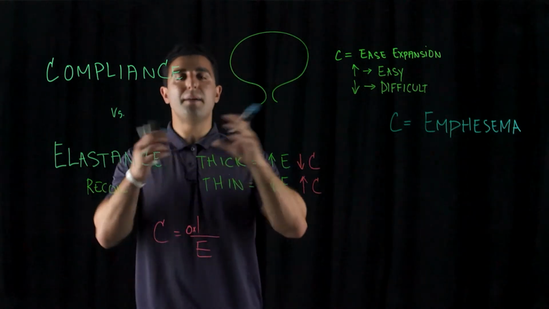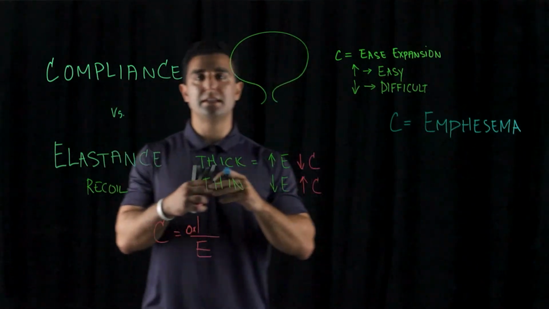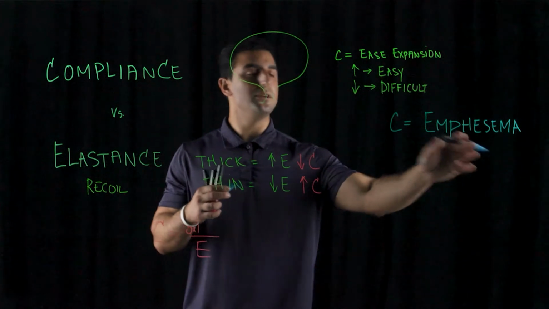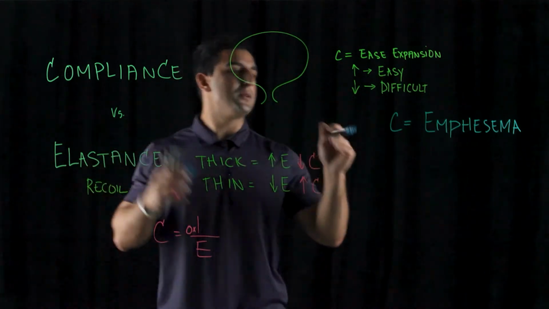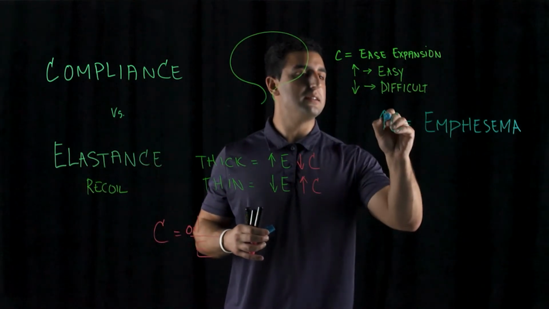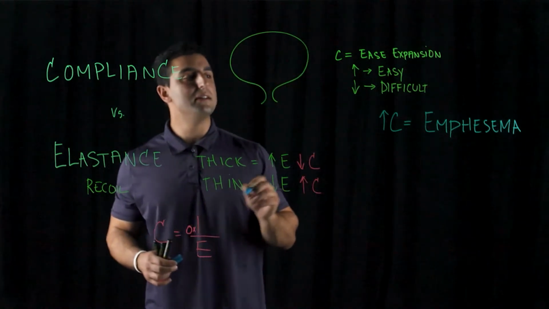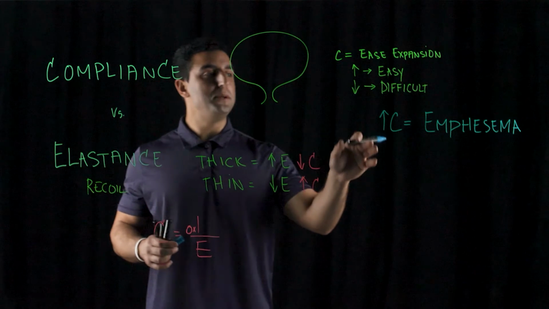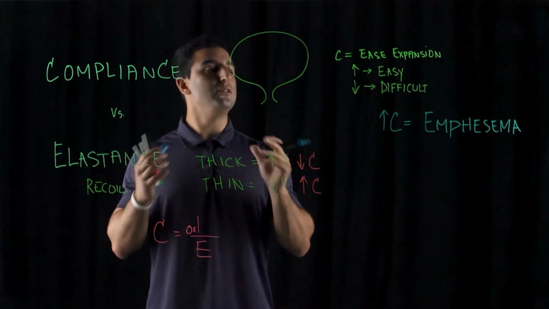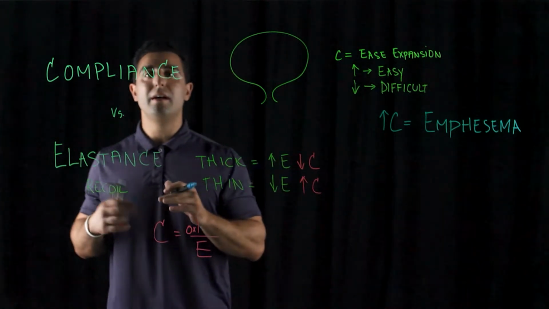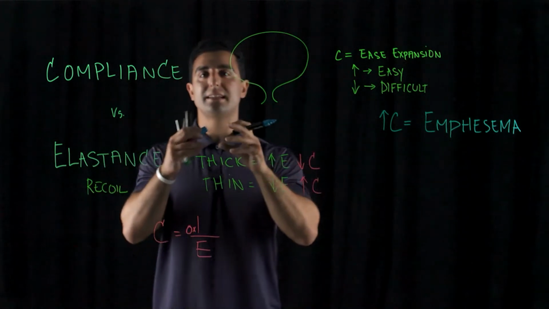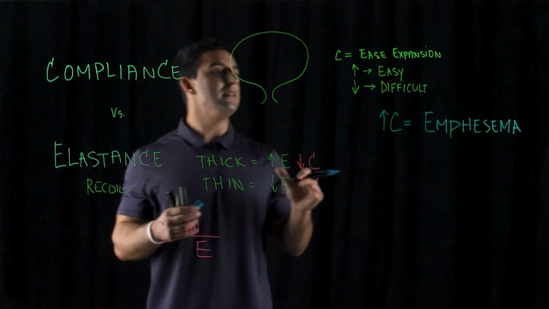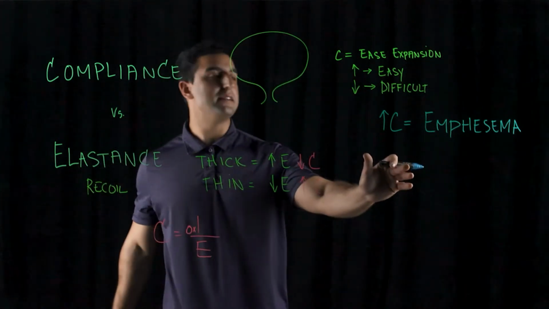You have this abnormal dilation of your alveoli, and so your compliance increases. This is a pathological condition. People are able to inhale normally, but when they want to exhale, they have problems, because you have this excessive buildup of gas in their alveoli because of the hyperdilation.